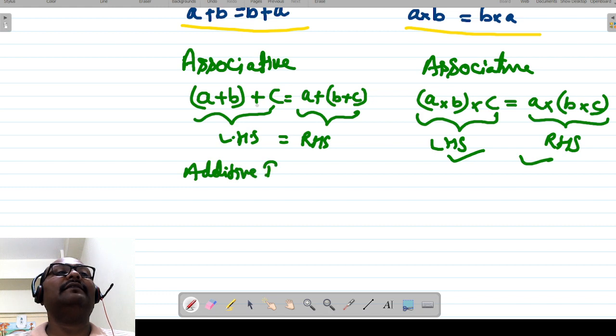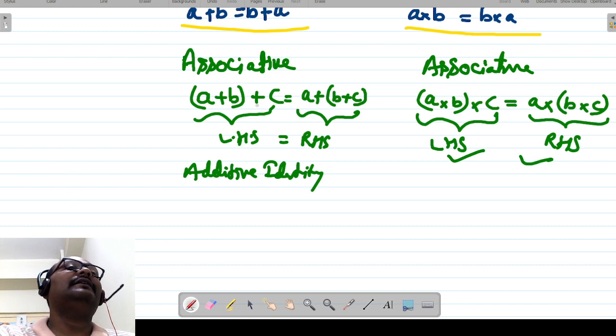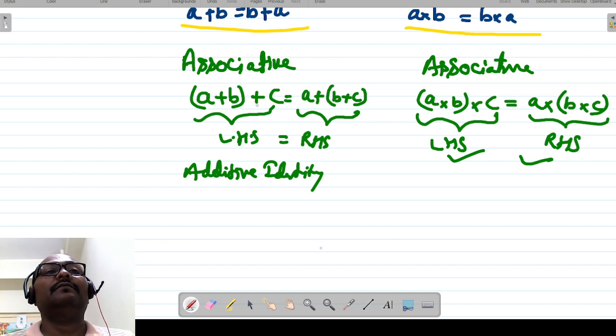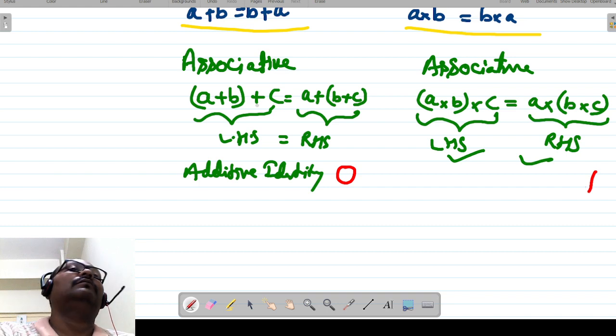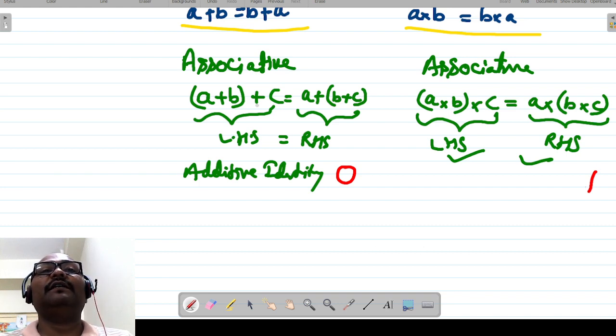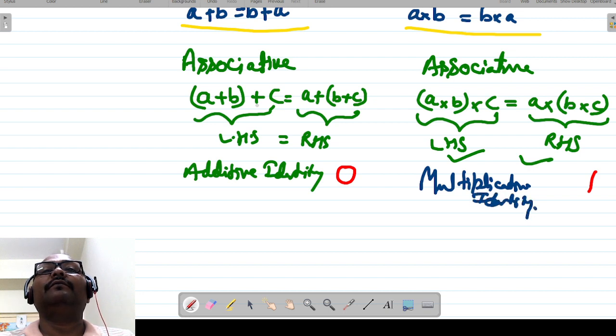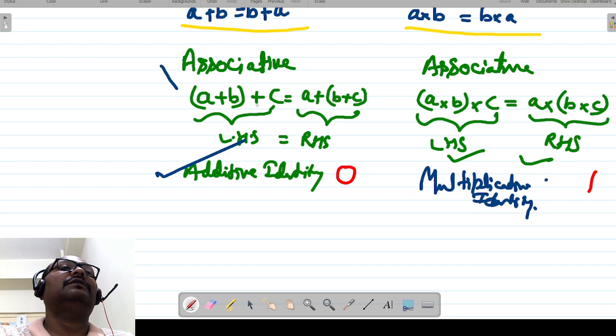The additive identity, as discussed in our previous channel also, is 0, and the multiplicative identity is 1.